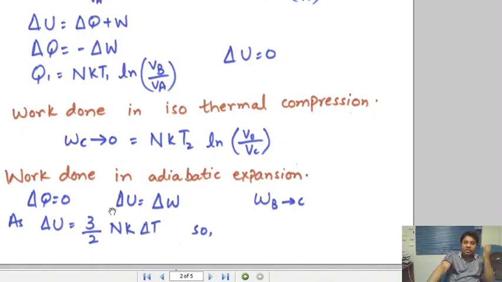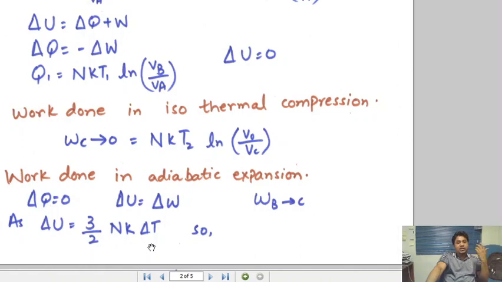So the first law of thermodynamics will give you delta U equals delta W, or delta W is equal to delta U. Since we are using an ideal gas as the working substance, from the kinetic theory of gases we know that the internal energy of a monatomic gas is equal to 3/2 nk_B T. So the change in internal energy of this ideal gas will be equal to 3/2 nk_B delta T, where delta T is the change in temperature.